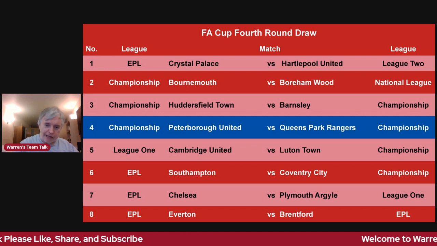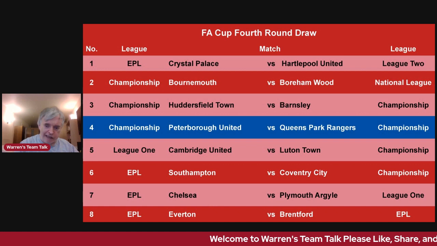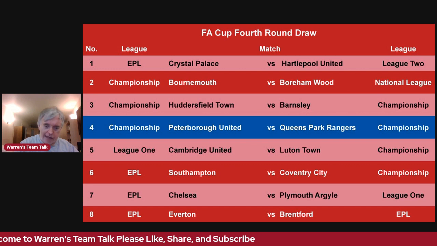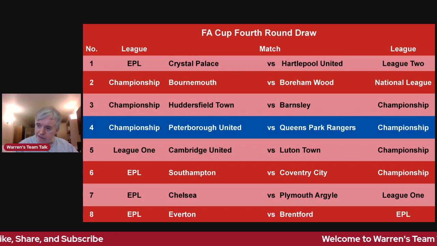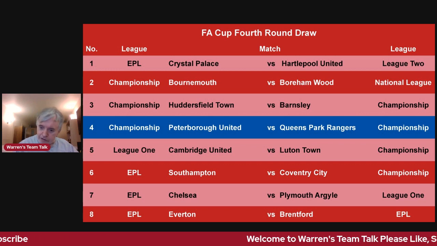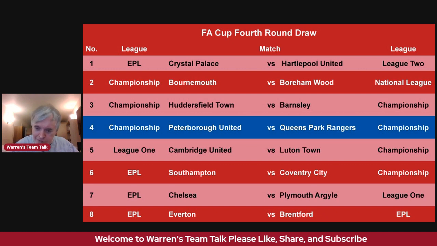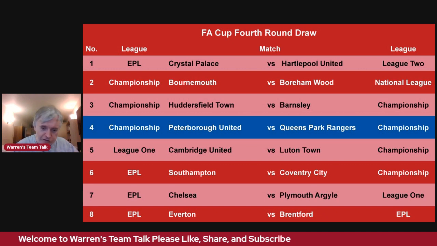Shortly before that game is played, I'll be doing a preview, and after the game is played, I'll be doing a review similar to this one. Those games will take place over the weekend beginning Friday, February the 4th.